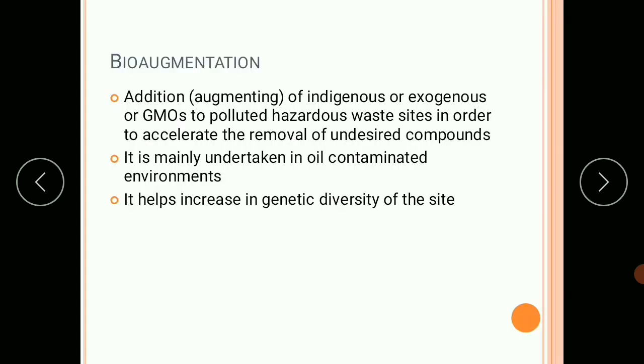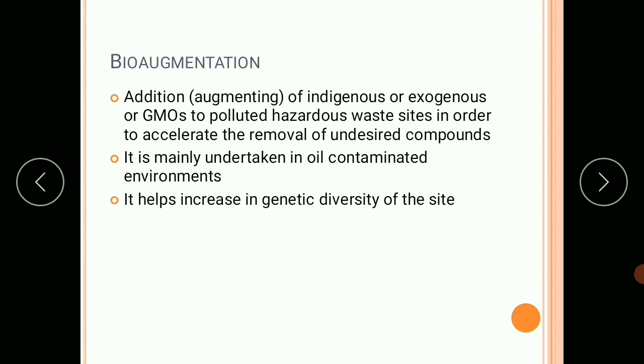Now we'll see what bioaugmentation is. Bioaugmentation is the addition, that is augmenting, of endogenous or exogenous organisms or GMOs, genetically modified organisms, to polluted hazardous waste sites in order to accelerate the removal of undesired compounds. In bioaugmentation we are adding microorganisms.